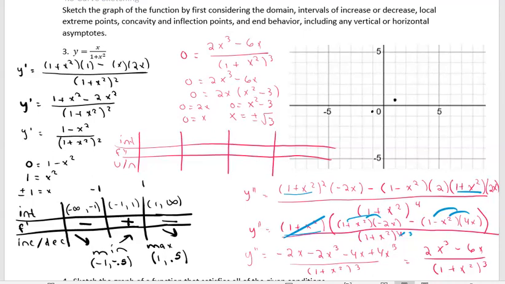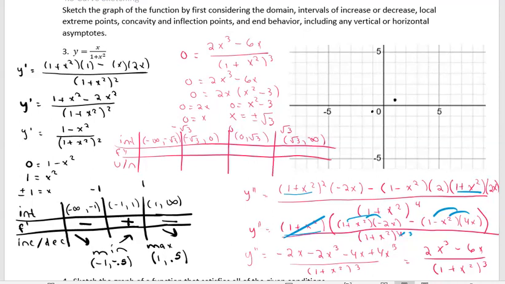All right, so here we have negative root 3. Here we have 0, and here we have positive root 3, which makes our intervals negative infinity to negative root 3, and then negative root 3 to 0, and then 0 to the square root of 3, and the square root of 3 to infinity. That's a lot of intervals to test.